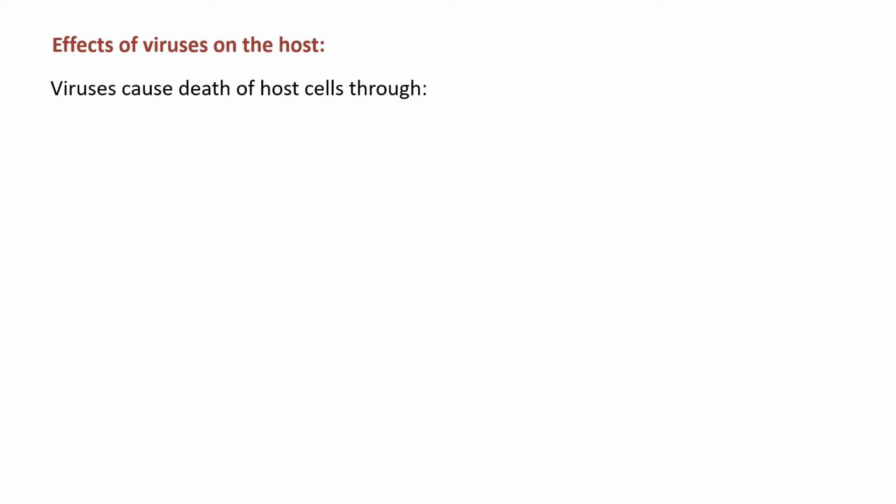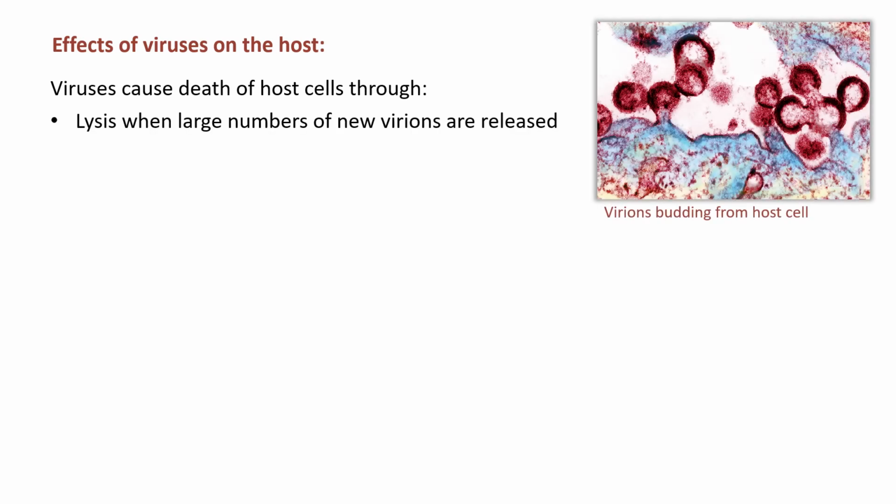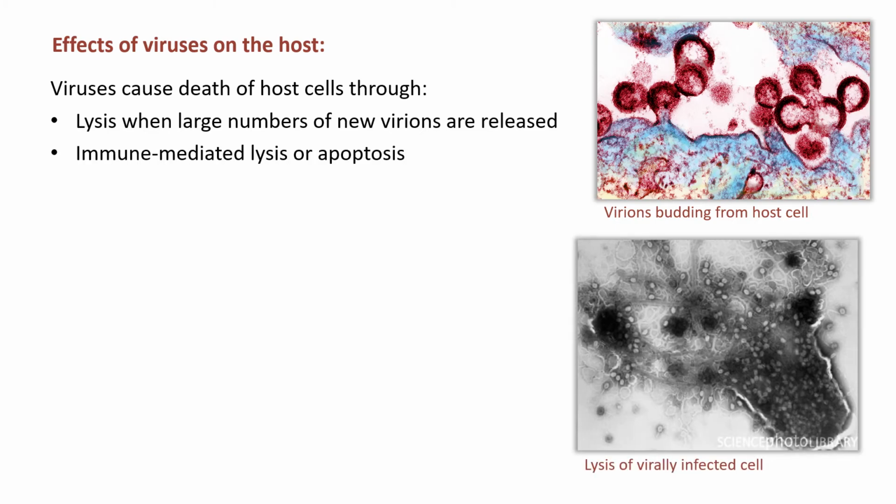So we can see through all of that these viruses are going to have a very damaging effect on host cells. They cause death of the host cells through lysis, when large numbers of these new virions bud out and are released. Also by immune-mediated lysis or apoptosis, if you remember back to immunology.